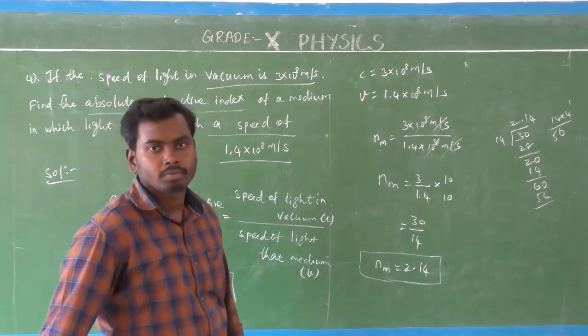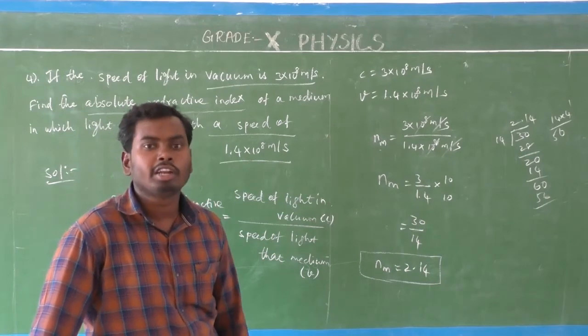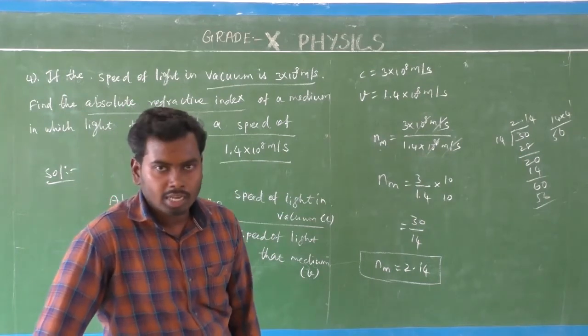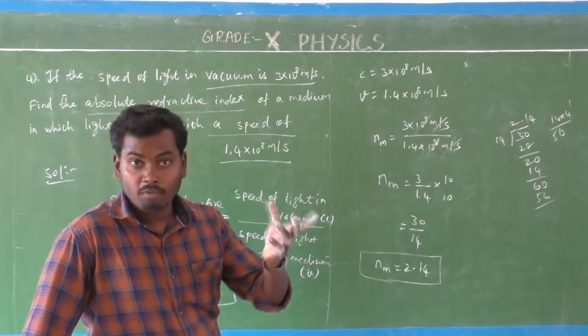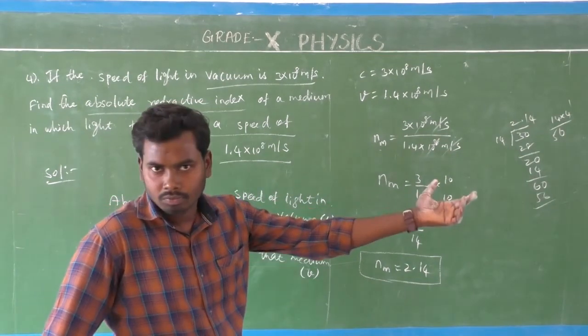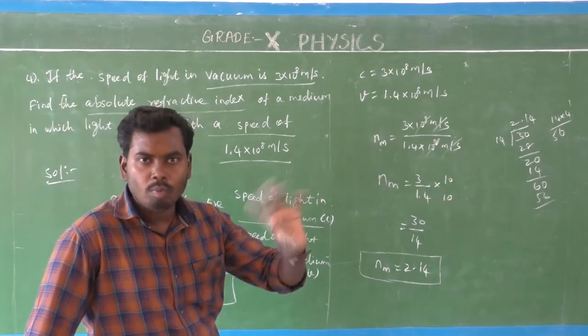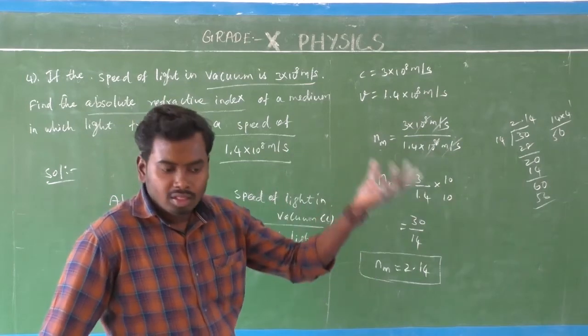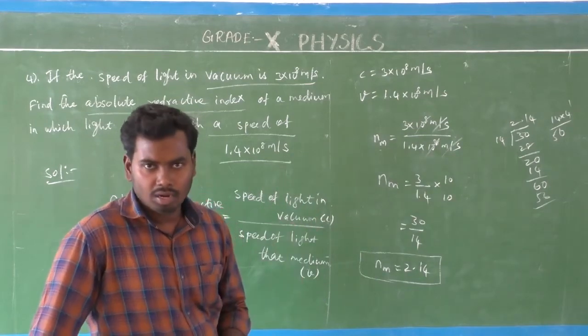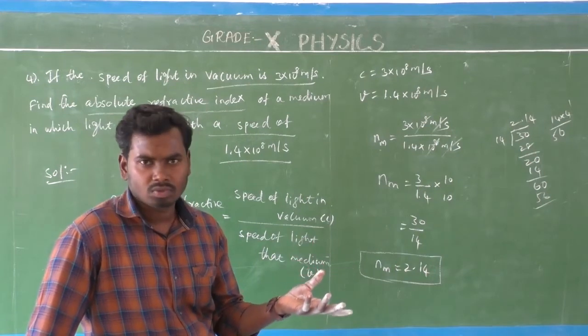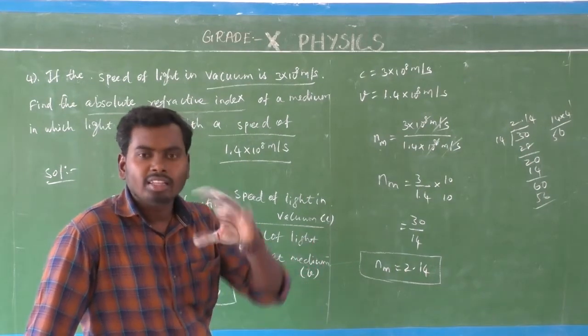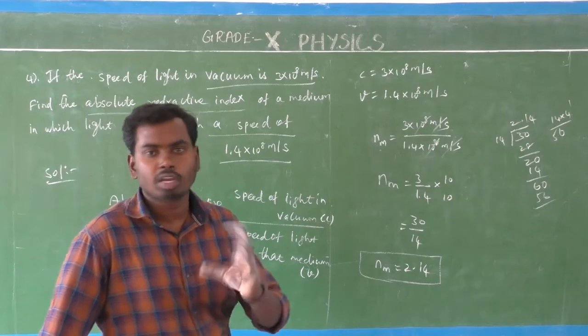What is the meaning of that, sir? We already know what absolute refractive index is. Absolute refractive index is when light goes from vacuum or air into another medium, where there will be a speed change.